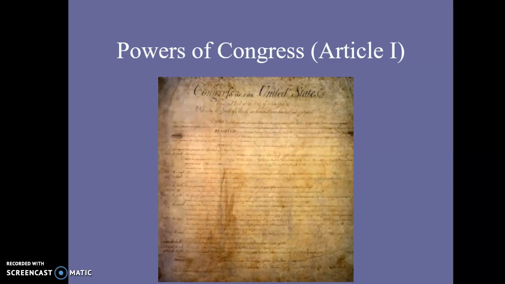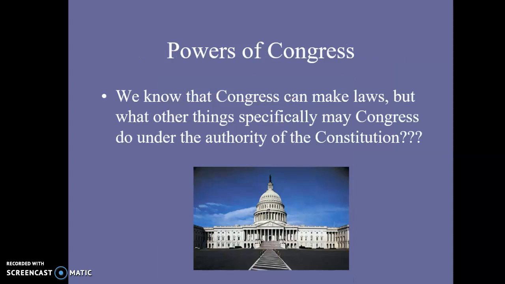Congress's powers are articulated in Article 1 of our Constitution. The powers of the presidency or the executive are articulated in Article 2, and the powers of the judiciary are articulated in Article 3. Congress makes the law, the executive enforces the law, and the judiciary interprets the law.